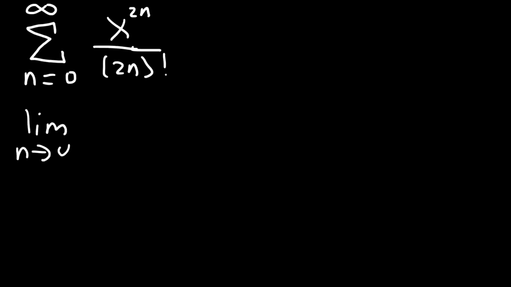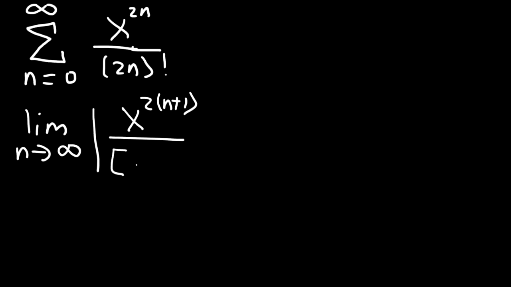As always, let's start with a ratio test. So u sub n plus 1, that's going to be x to the 2 times n plus 1. So replace n with n plus 1, and then 2n factorial is going to become 2 times n plus 1 factorial. And then we're going to divide it by u sub n.